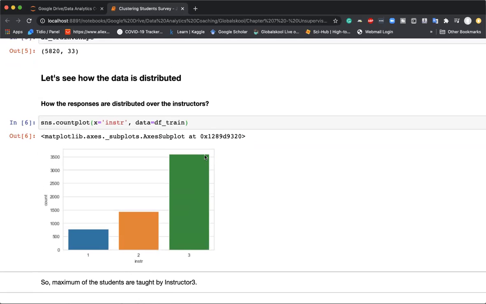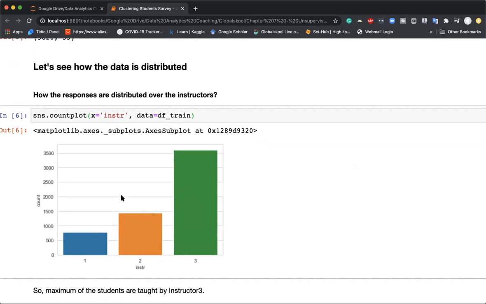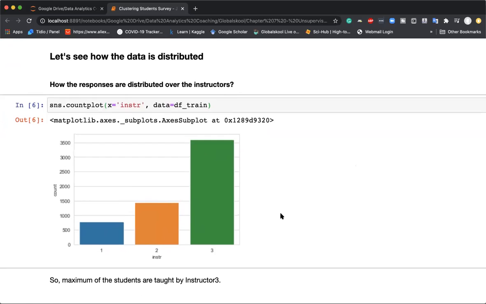Looking at this plot, do you have any observations? What can we comment upon the data? The third instructor has more responses. What can we conclude based on that?